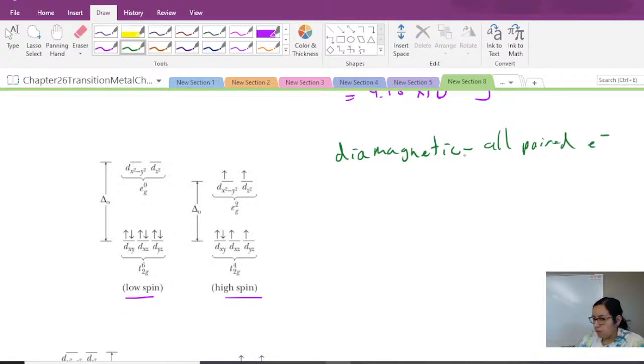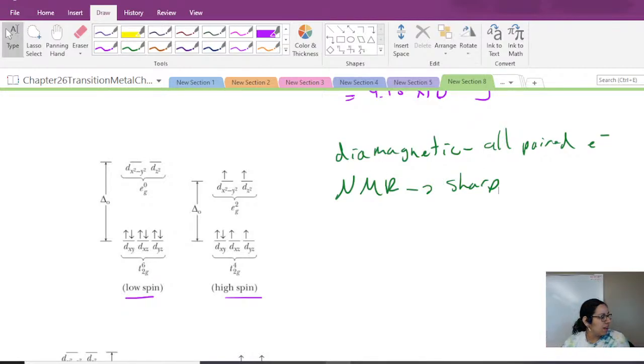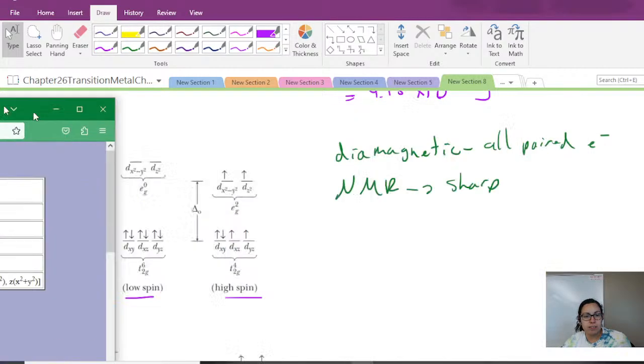Because a compound is diamagnetic and they're all paired, when you put it through an NMR, and this is how you determine it experimentally, it's going to be really sharp. What we mean by that is the peaks are well defined, they're sharp, you can see everything. That tells you that your compound is diamagnetic.